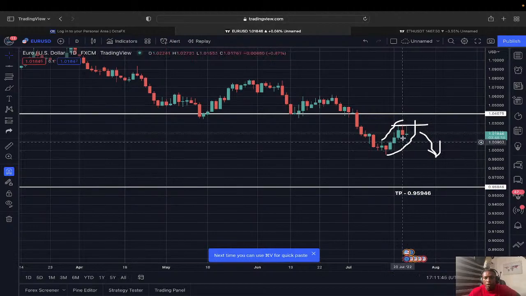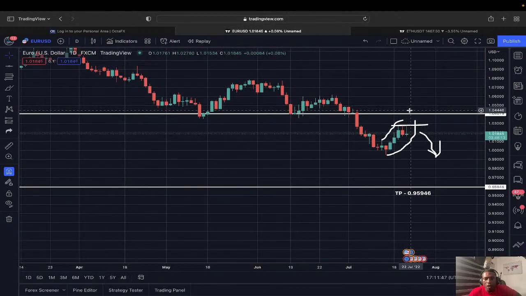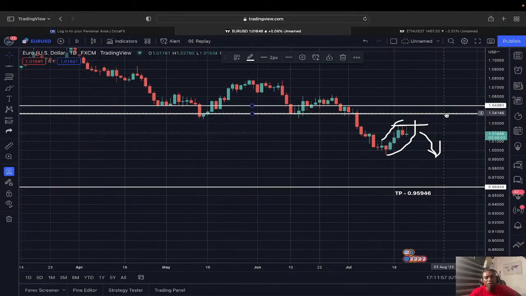Now our stop loss would be, if you enter here, above this resistance level.